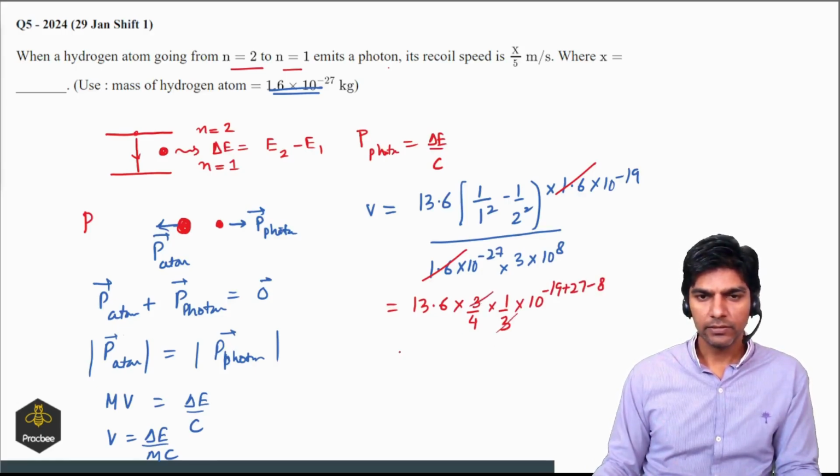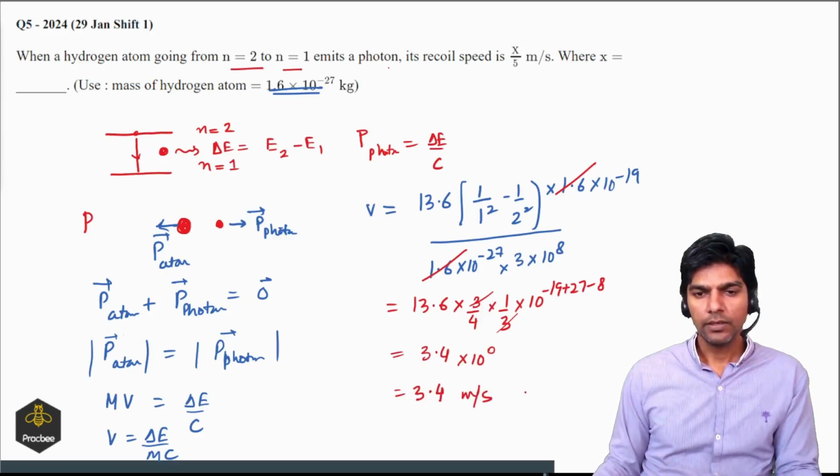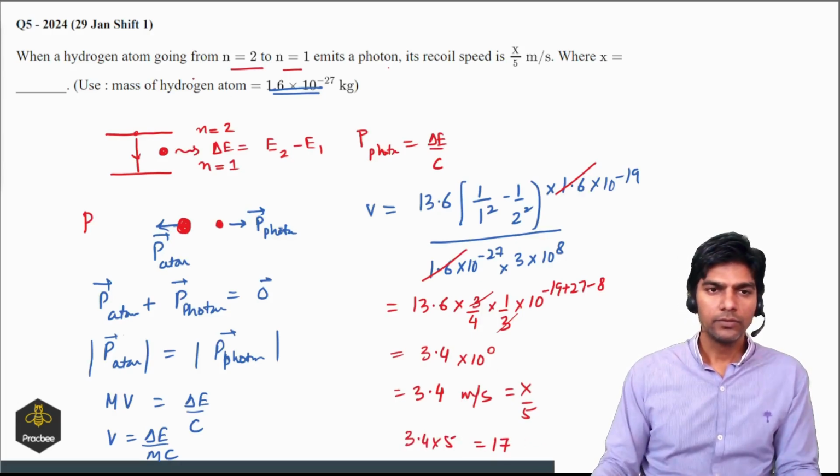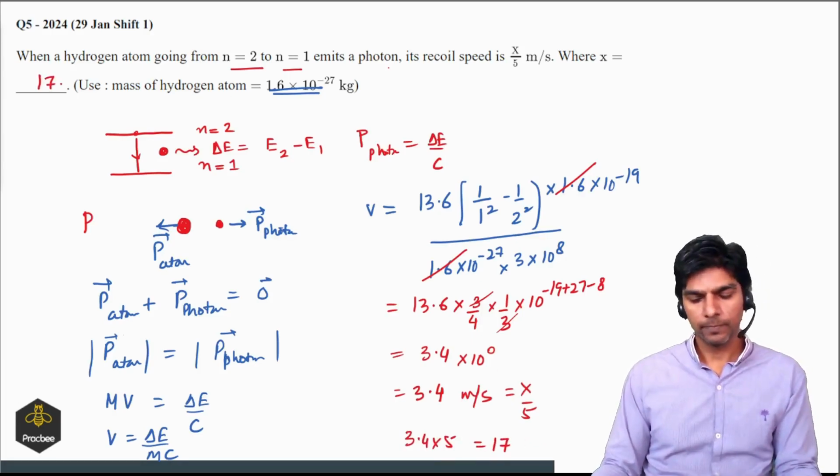So this 3 will get cancelled out. So this comes out to be 3.4 times 10 raised to the power 0. So velocity will be 3.4 meters per second, and we have been given this velocity as x by 5, so x will be 3.4 times 5, and it comes out to be 17. So x will be 17 in this question.